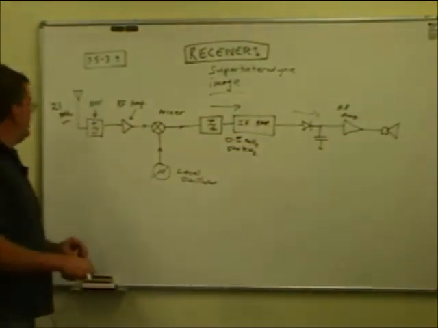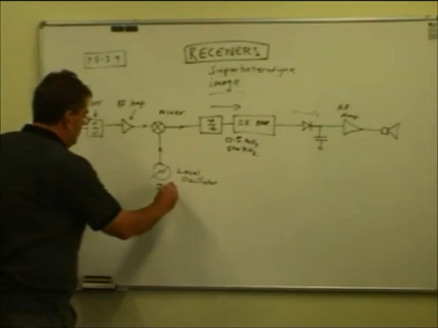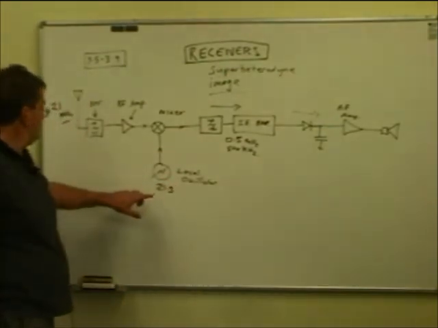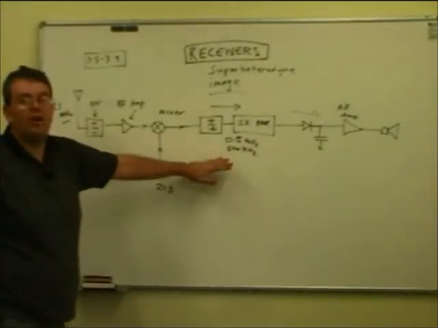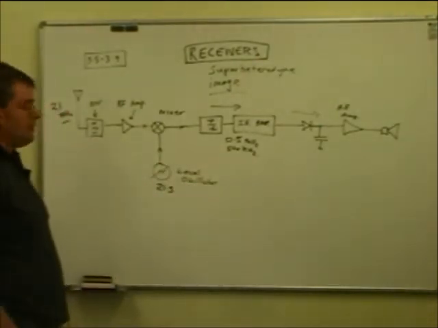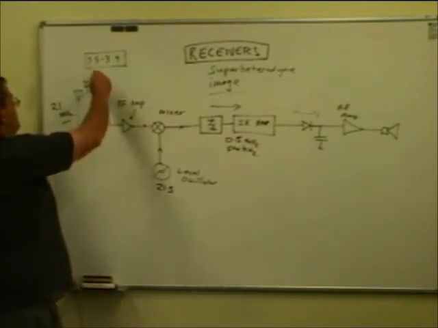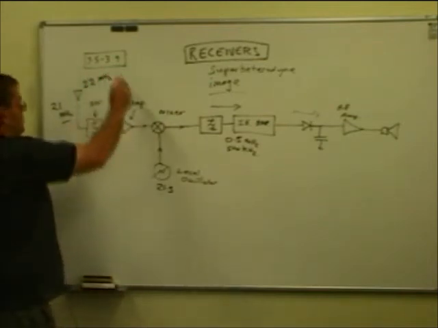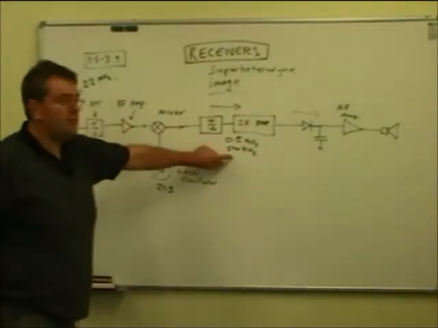Then we'd need a local oscillator running at 21.5 megahertz. The difference between the two, 21.5 and 21, is 0.5 or 500 kilohertz. That's fine, that will work nicely. But unfortunately our image will now be 22 megahertz, because 22 minus 21.5 is that.